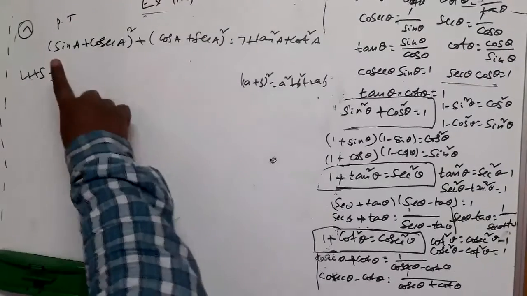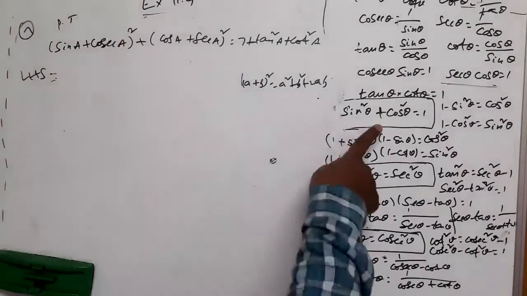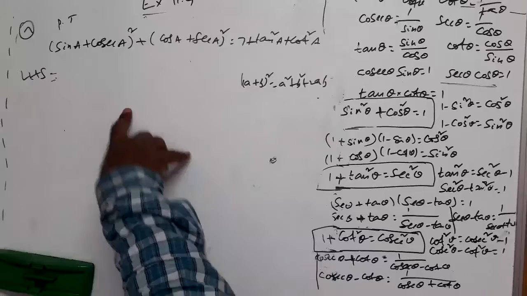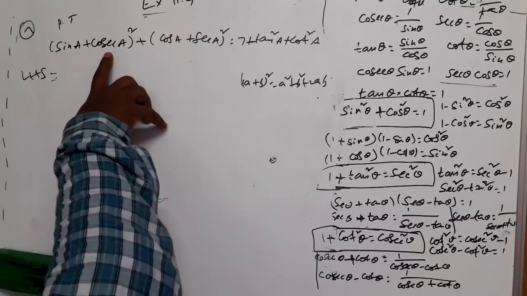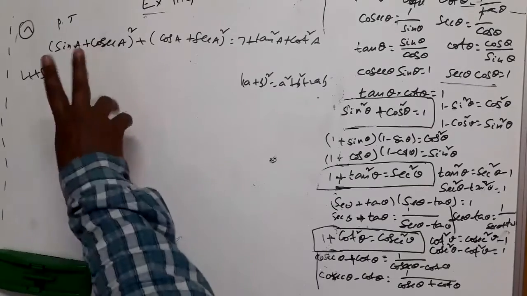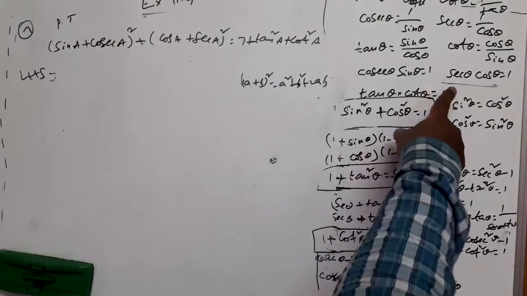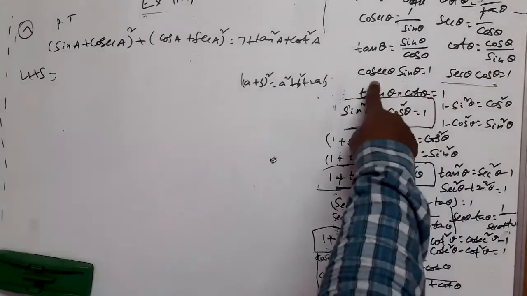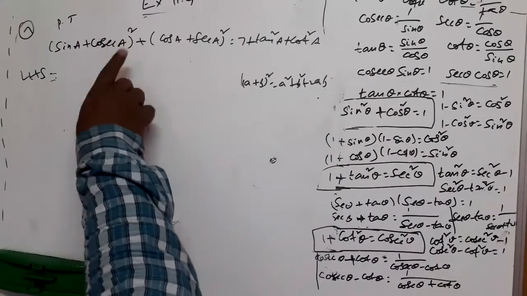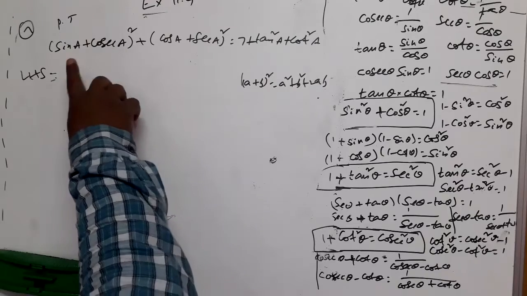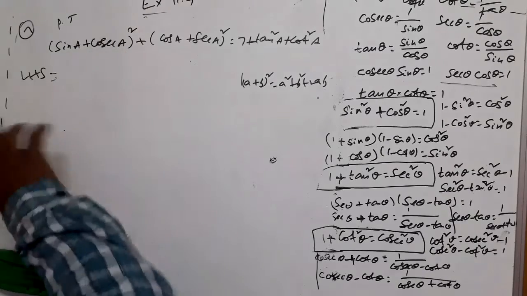Sin square A plus cos square A will give you 1. Third term, here, is 2 times sin A cosecant A. But sin A and cosecant A are reciprocal of each other, so the product is 1. So that third term, the 2ab term, is 2 into sin A into cosecant A, that is 2 into 1.